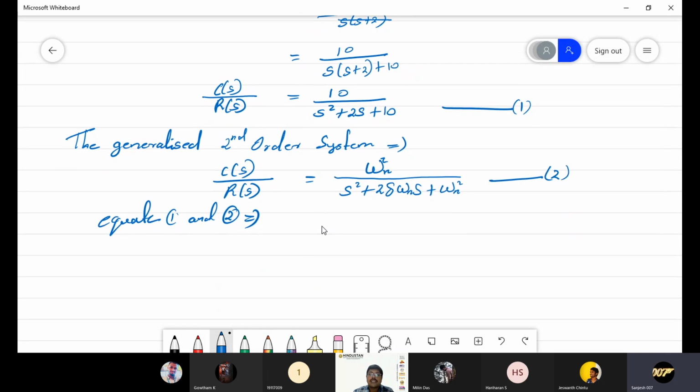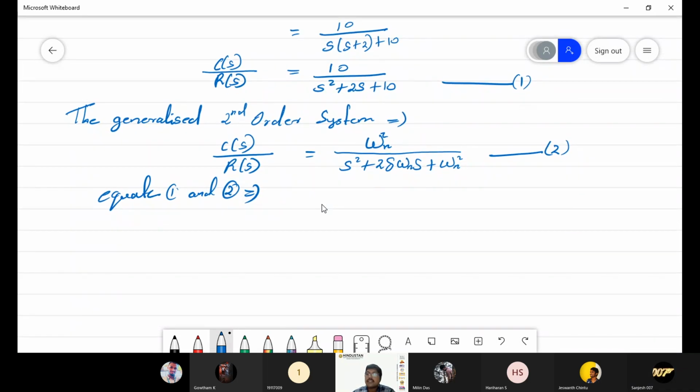So now you can see that we can equate both the equations. If the left hand sides are equal, therefore the right hand sides should be equal. Therefore, from that we can write omega n square is equal to 10. So omega n is equal to root of 10, right?